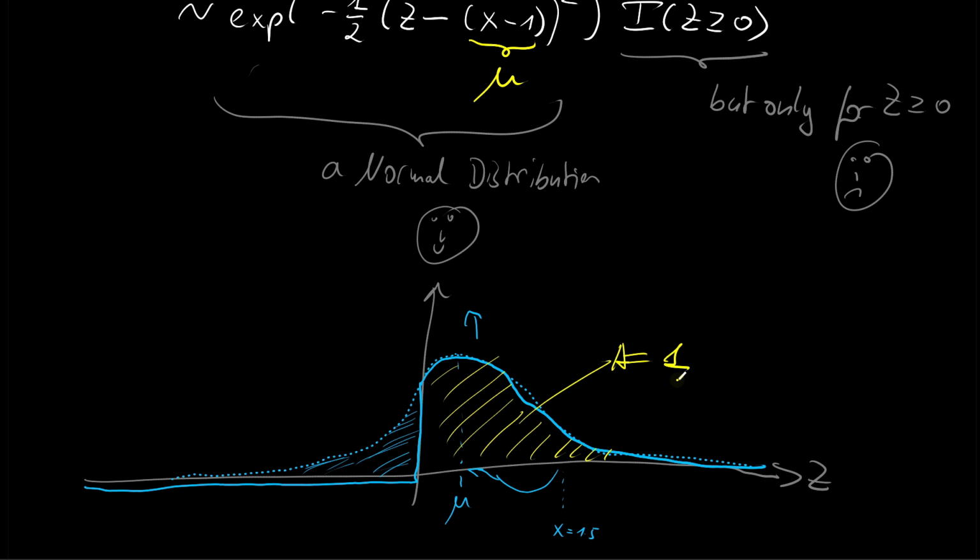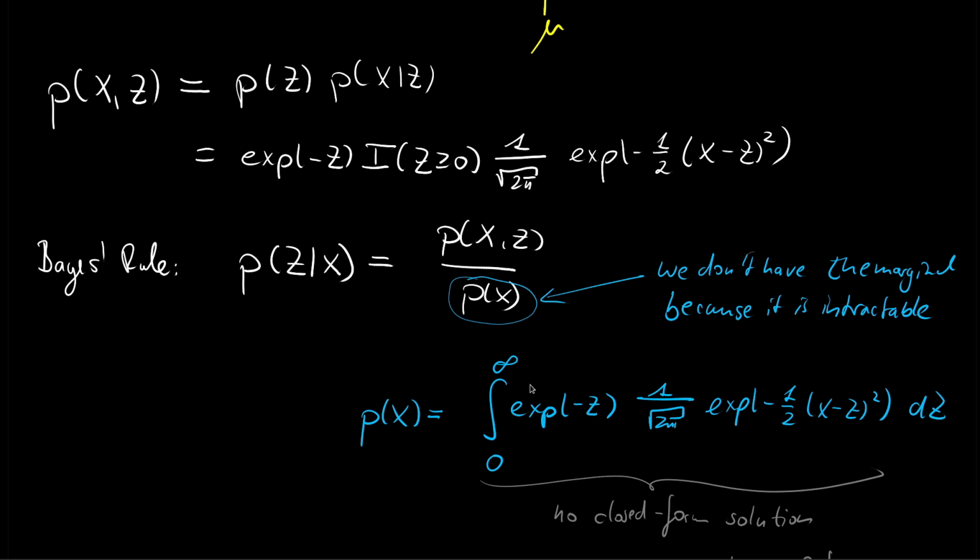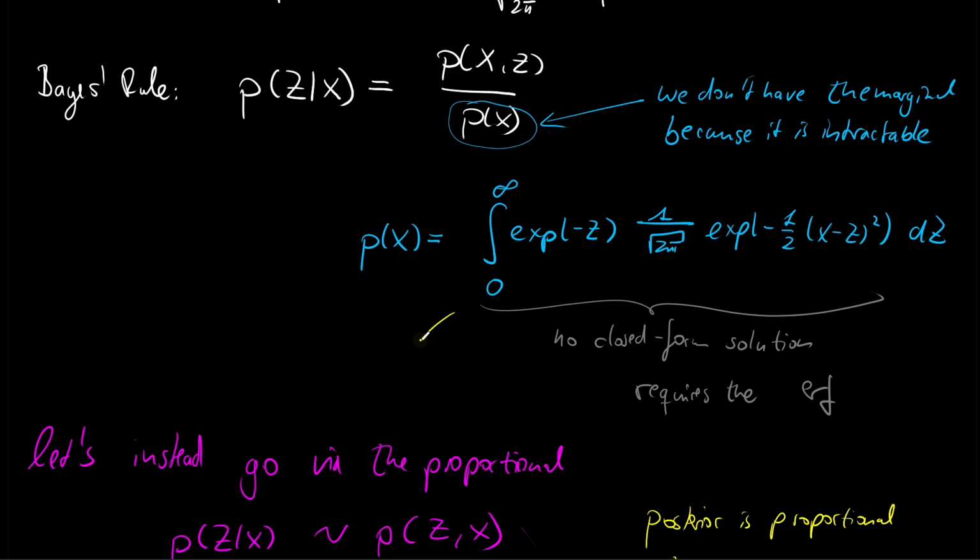Now there is the interesting thing that the normalization that we would need in order to get the area to 1 was exactly the marginal. And see, that's the integral here. That's the area under the curve. So let me say that is the area under the curve.